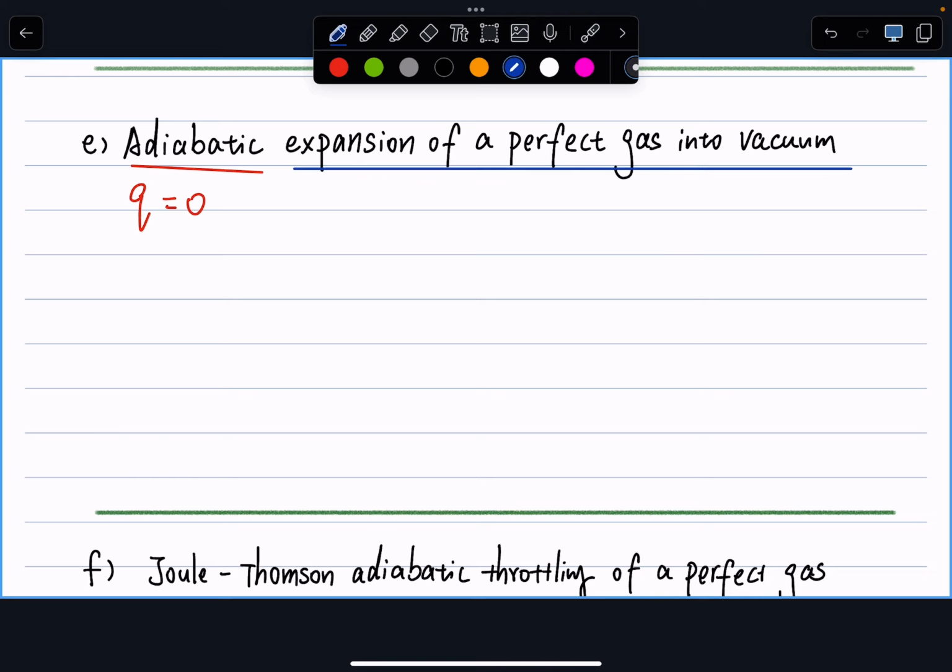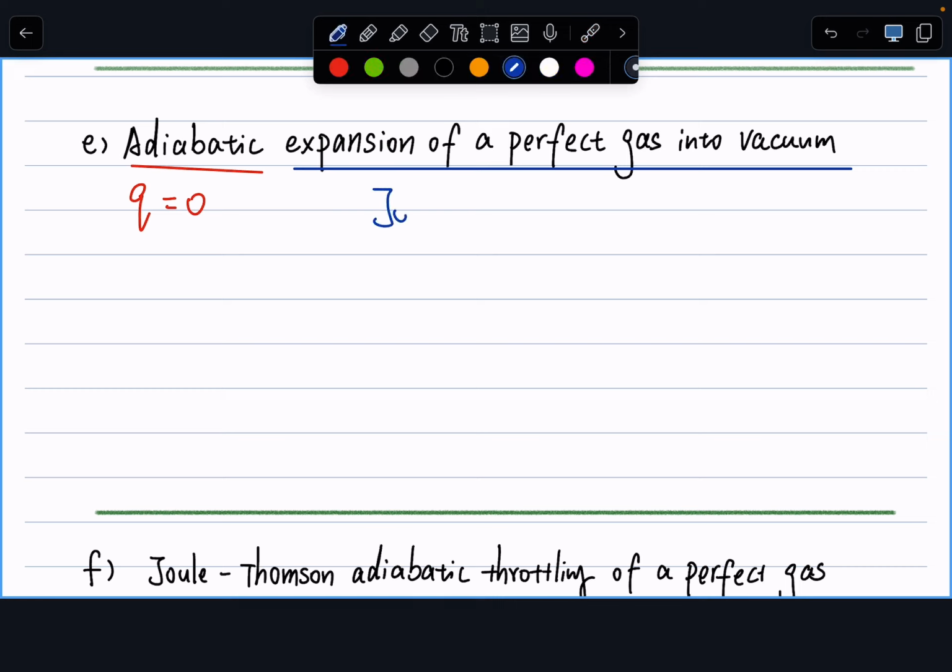Now this one is a little bit misleading because it's, again, an expansion. But it's wrong to automatically say that expansion means work is negative because the system is doing work. In this case, we're talking about expansion of perfect gas into vacuum, so my system is not doing any work on the surroundings.